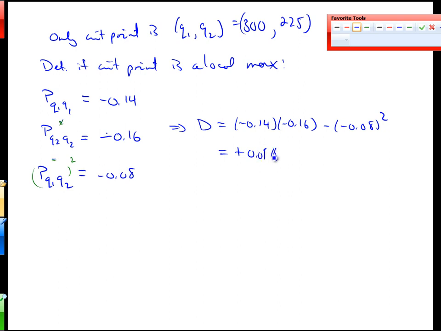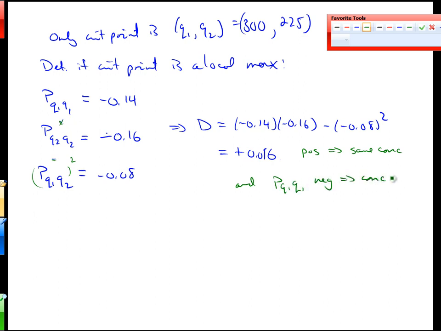Under those circumstances, using our rules for classifying critical points based on this discriminant value, this is positive, so this implies the same concavity in both directions, and let's just take P_Q1Q1, which is negative.